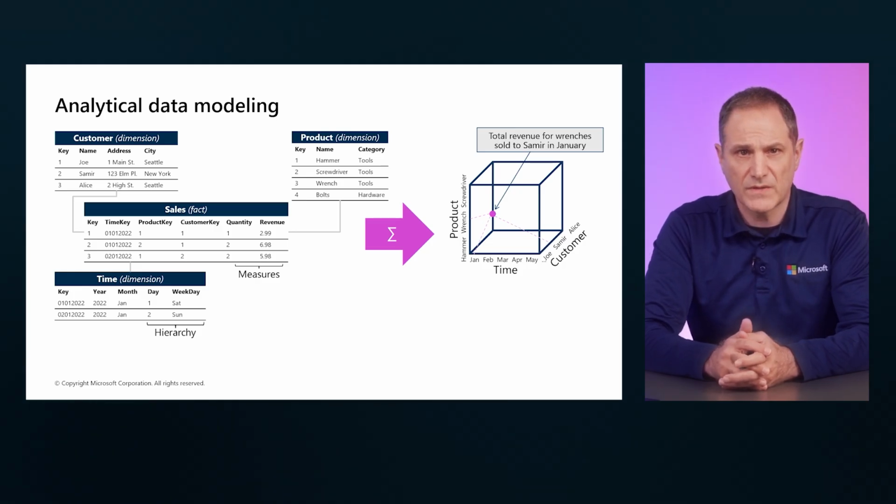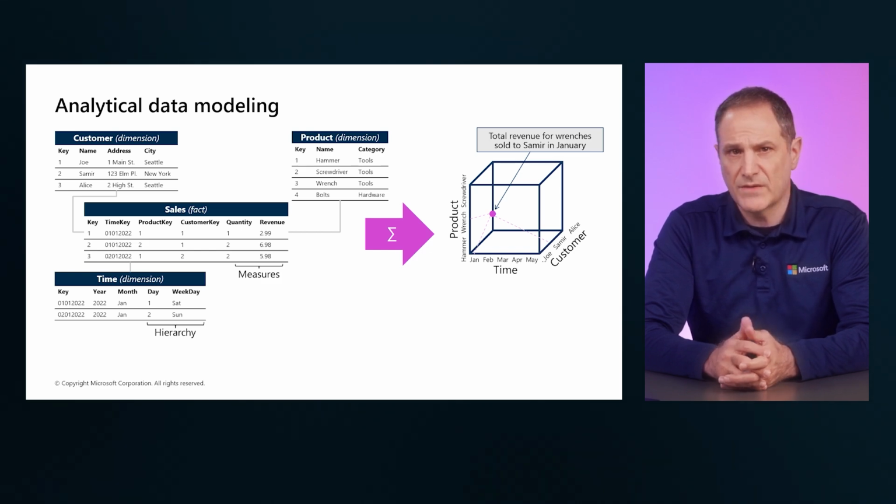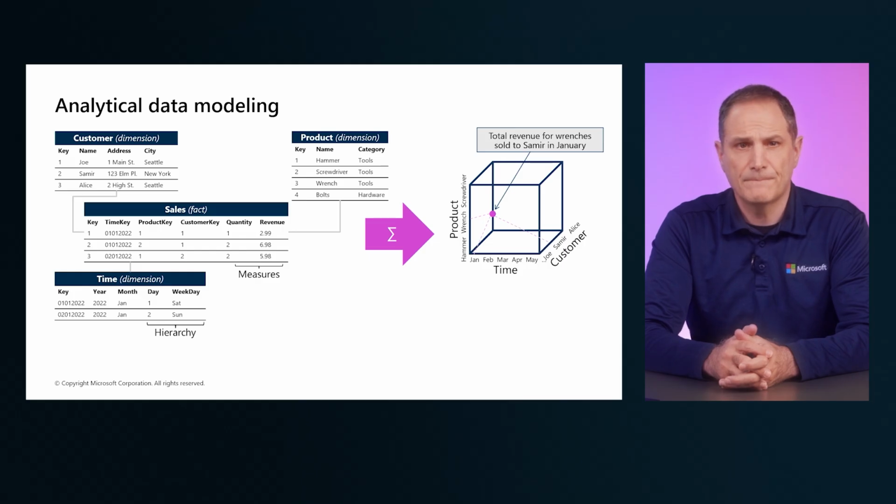Examples include products, customers, and time. Each row represents a single entity, and it is identified by a unique key. The remaining columns describe attributes of that entity, such as product name, category, customer city, or address. Most analytical models also include a time dimension, which makes it possible to analyze measures over time.